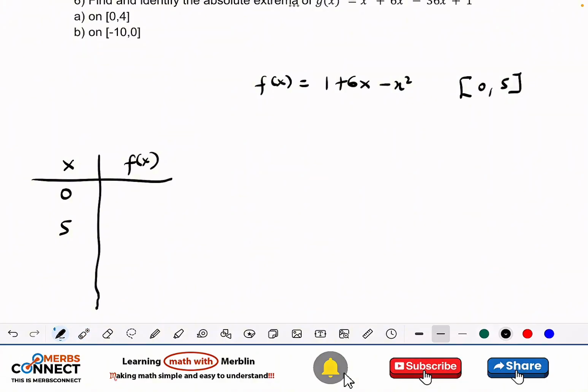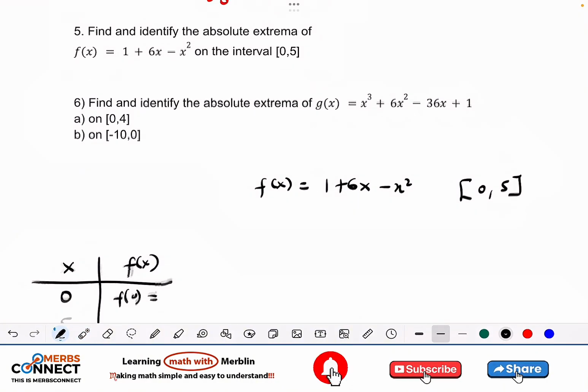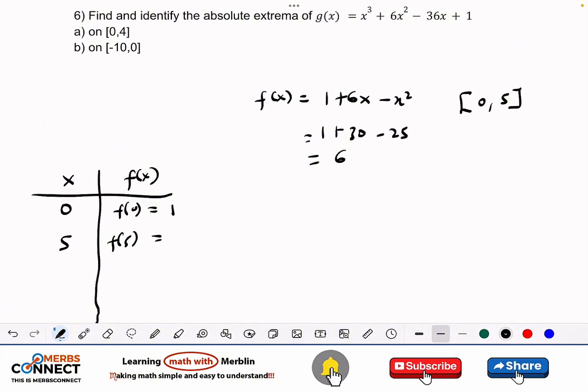So the first thing that you can do is, okay, let's look for f of 0. When I plug 0 in, this one will be 0, this one will be 0. So this is going to give us 1. Let's look for f of 5. Put 5 here. 1 plus 5 times 6 is 30. 5 squared is 25. So this is going to give us 6, right? Yes.